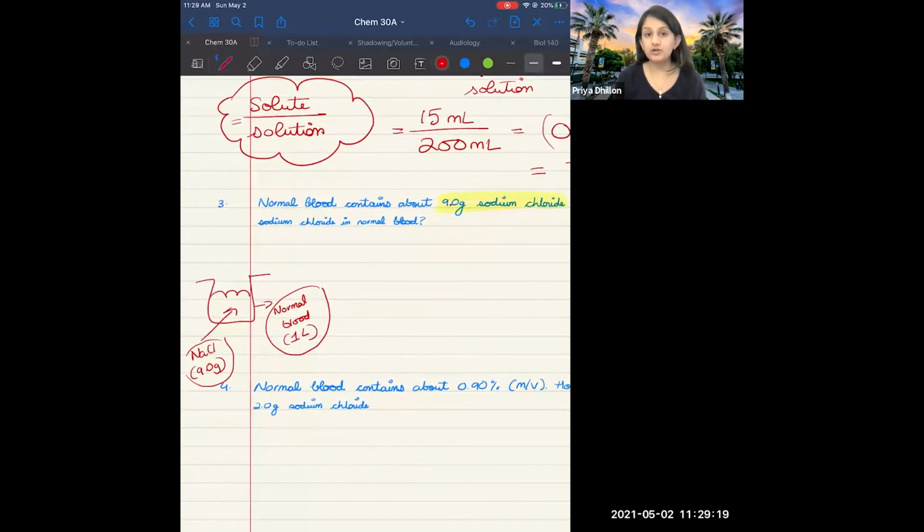So from here, you'll have to understand which one is my solute, which one is my solution, and then you have to convert it into a percentage. So it's basically the same thing as before. So can you guys tell me what's my solute and what's my solution?